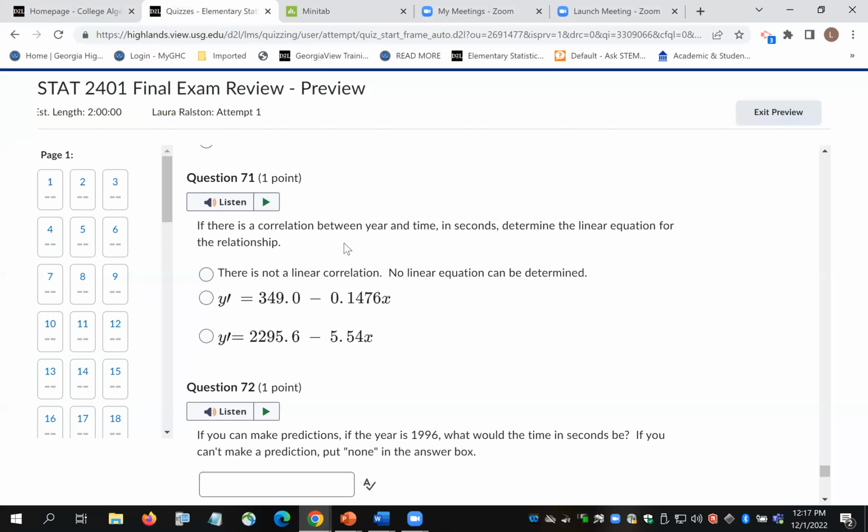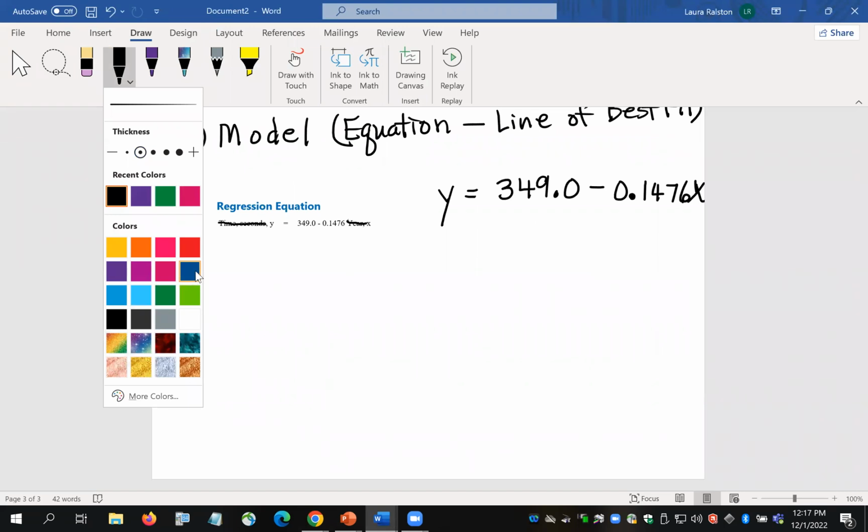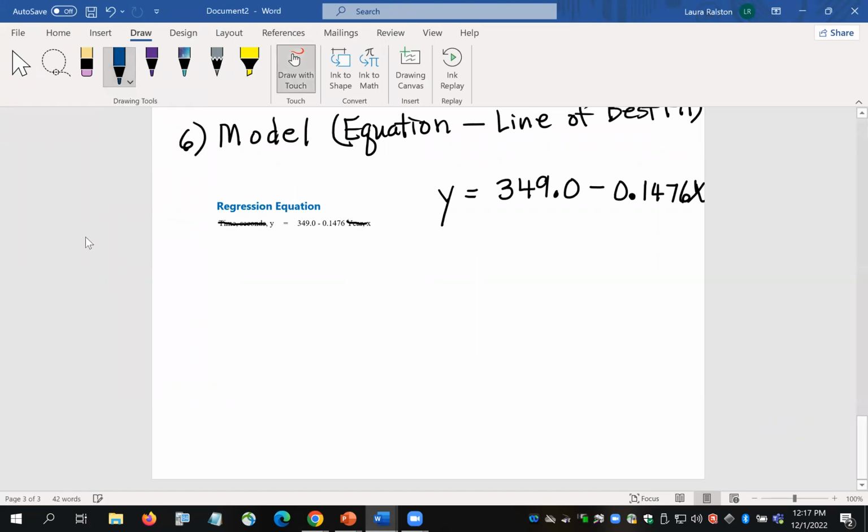On question 71, it asks you to identify the equation. And then on question 72, it says to make a prediction about what the time would be in the year 1996. So when you get to question 72 on the test, it would be like step 7 in this process.